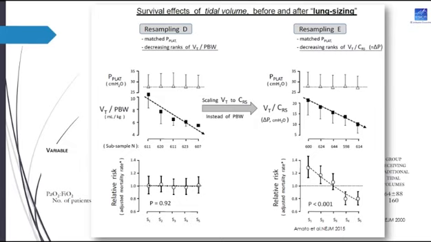One of the major messages coming from this study is the fact that it is very important how the patients respond to the variations of the volumes and the PEEP.